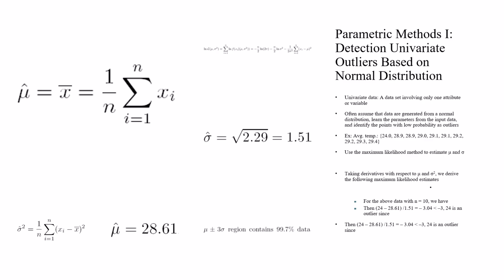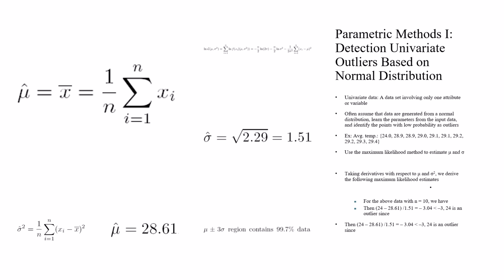Parametric methods 1: detection of univariate outliers based on normal distribution. Suppose your city's average temperature values in a particular month in the last 10 years are given in ascending order, from 24.0 degrees and 28.9 degrees and so on up to 29.4 degrees Celsius.